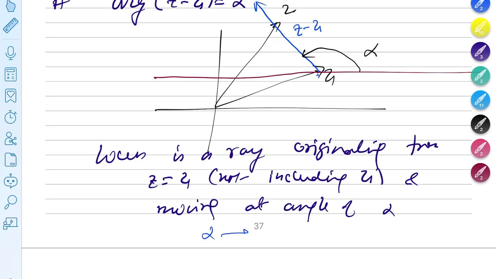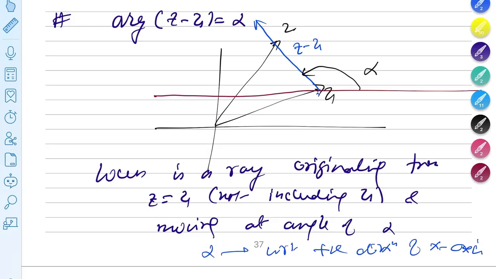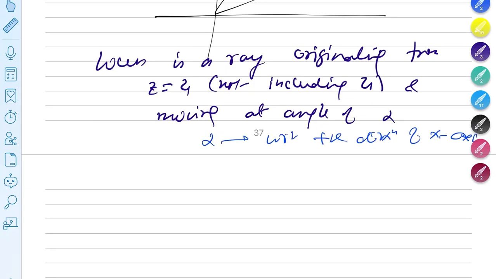Again, what is alpha? Important: alpha is taken with respect to the positive direction of the x-axis. We already discussed this part in the previous lectures, where we defined how to check the argument of a complex number. Okay, so let's take one example.